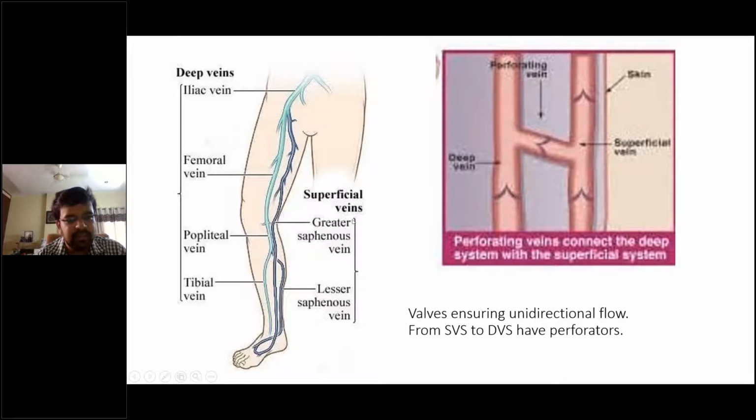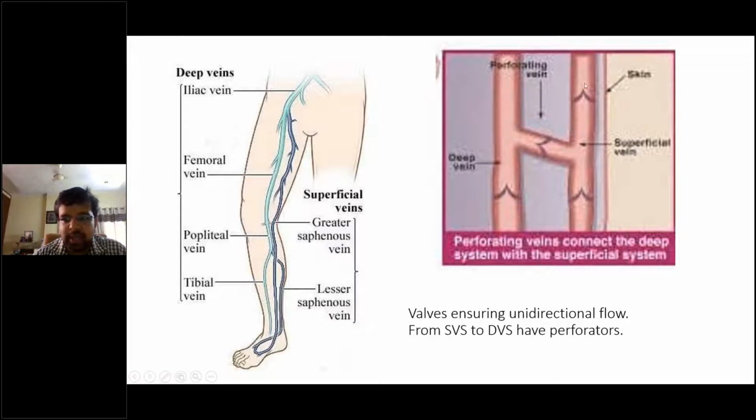We all have studied this in anatomy: the great saphenous vein arises from the medial arch, goes behind and joins the femoral vein via the saphenofemoral junction, while the lesser saphenous vein arises from the lateral arch, goes posteriorly and joins the popliteal vein.